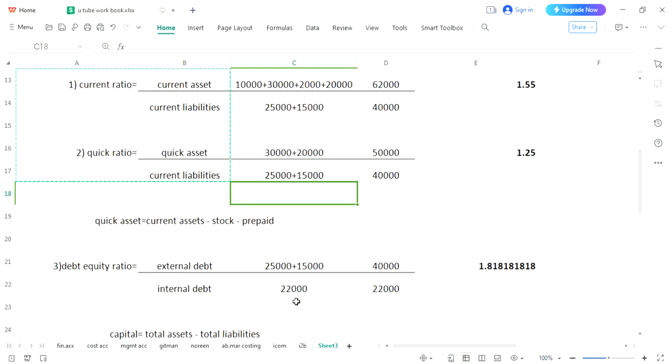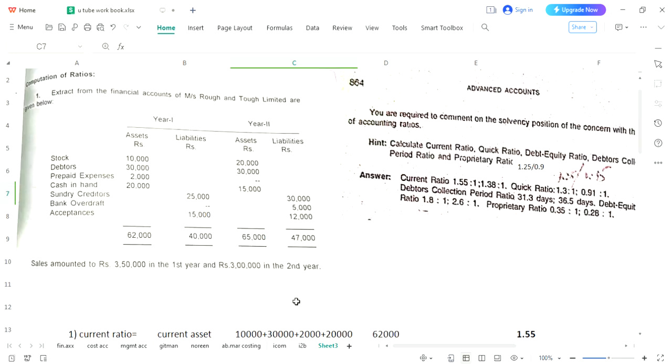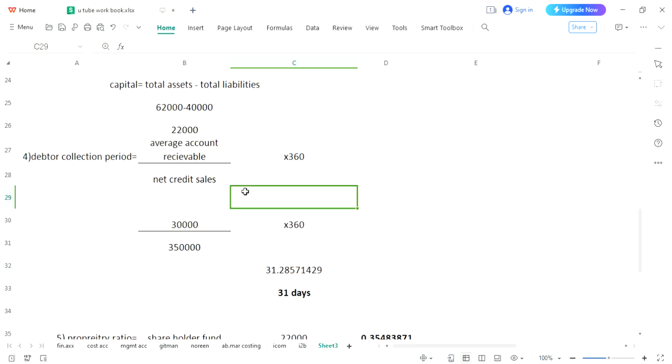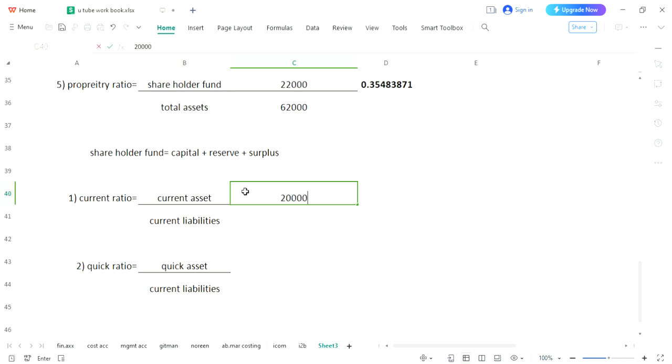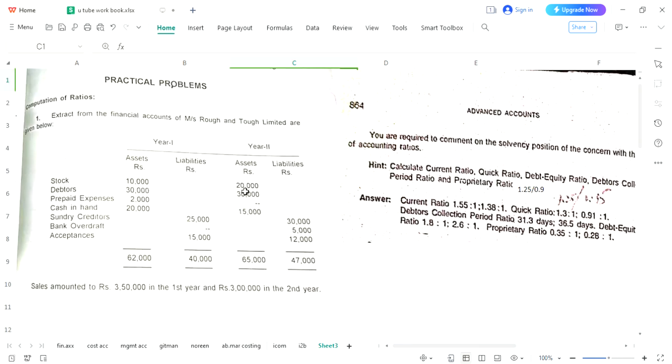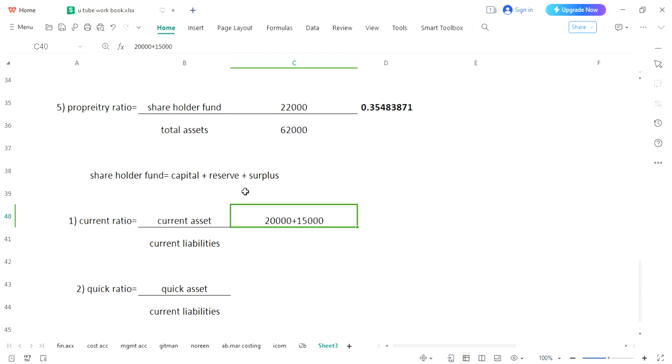So let's get back. First ratio we need to calculate is current ratio, and we need to see how many current assets. Stock, debtor, prepaid, cash, all are current assets. 20,000, 30,000 and 15,000. So we have current assets. Now we need to divide by current liabilities, which are already mentioned in our question.